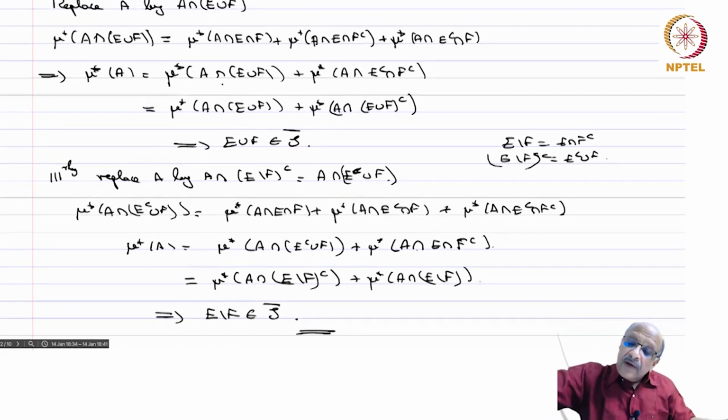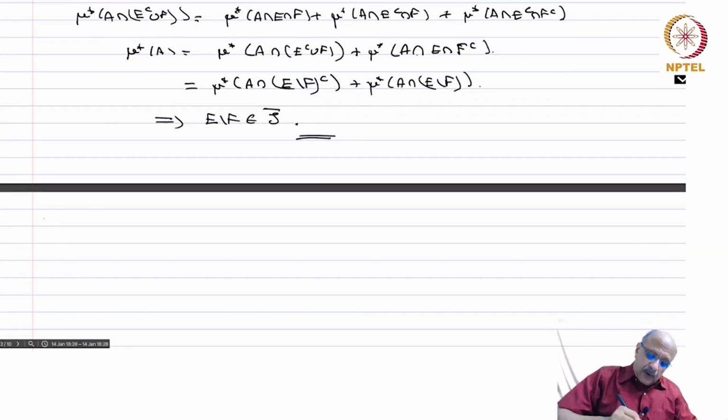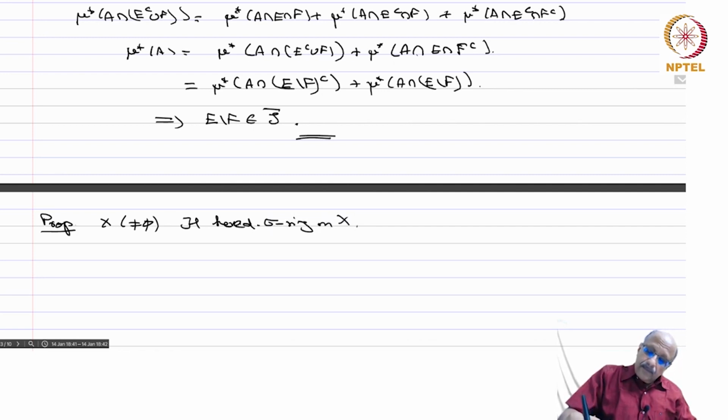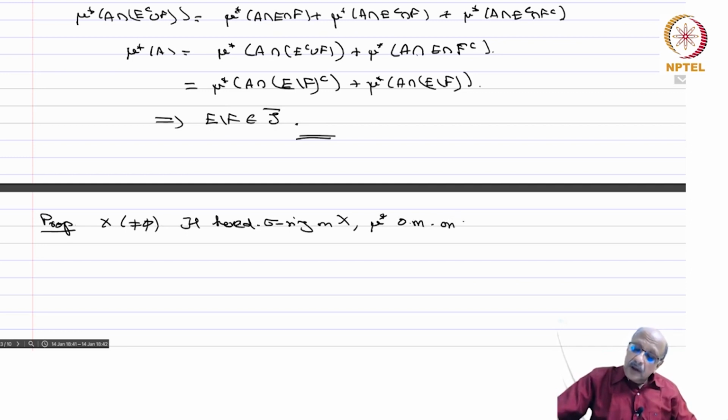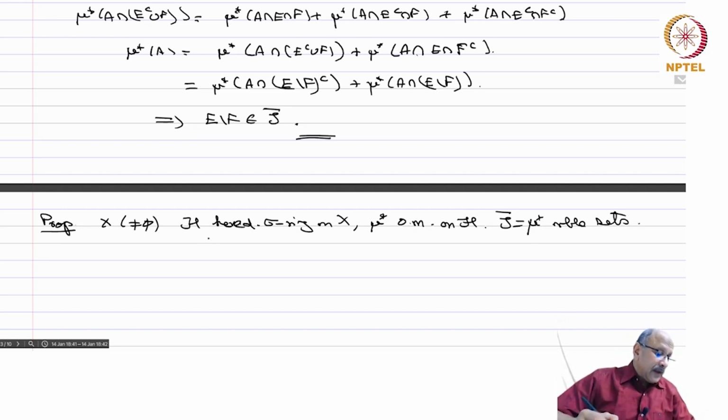Now in fact we can prove much more than this. So next proposition: X a non-empty set, H a hereditary sigma ring, mu star an outer measure on H, S bar equals the mu star measurable sets. Then S bar is a sigma ring.